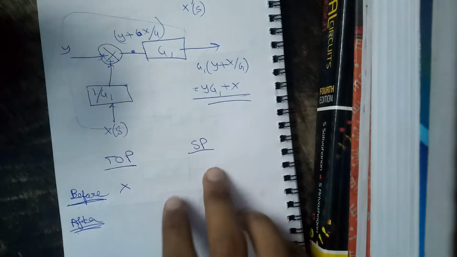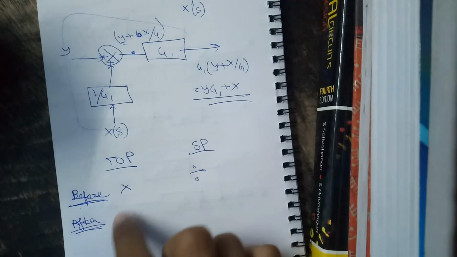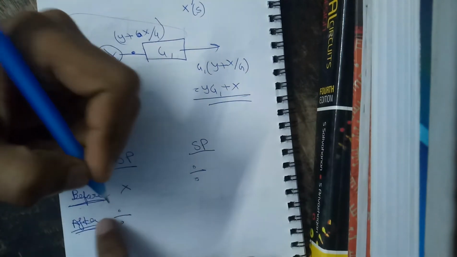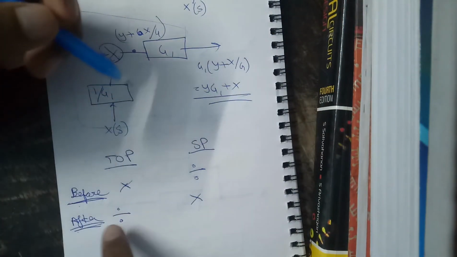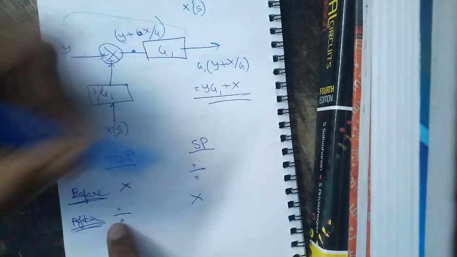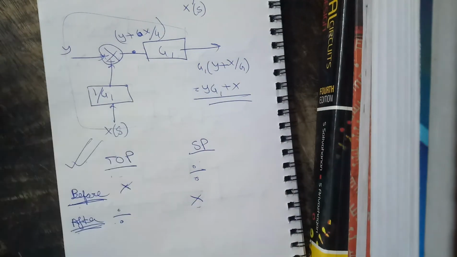Multiply. The summing point will be the exact opposite: divide. So if this is multiply, this would be divide; this is divide, this will be the opposite, multiply. You just need to remember one and all are the opposite. Just remember this, and you'll be able to do takeoff and summing point problems from everywhere.